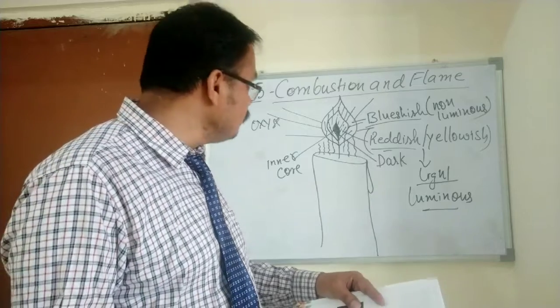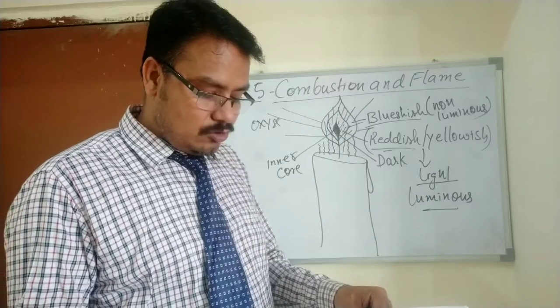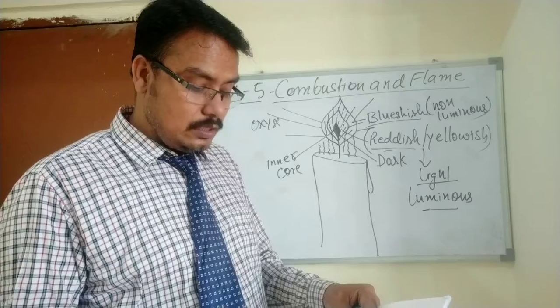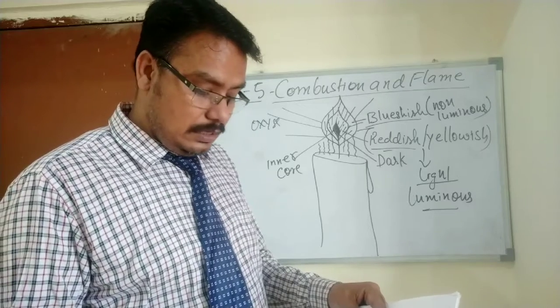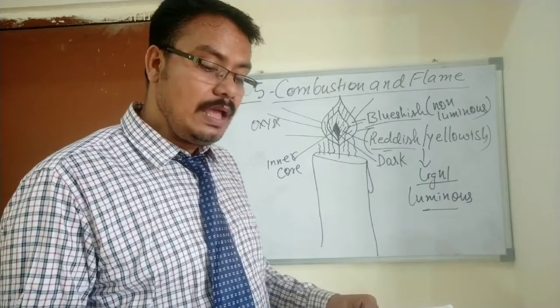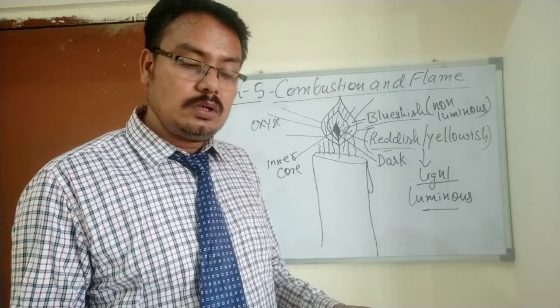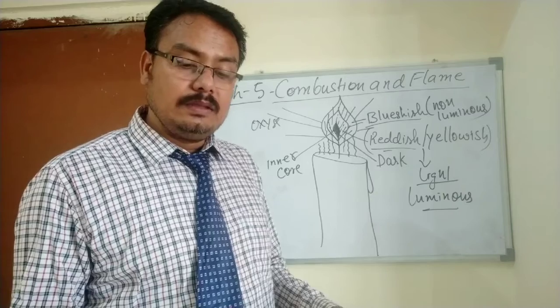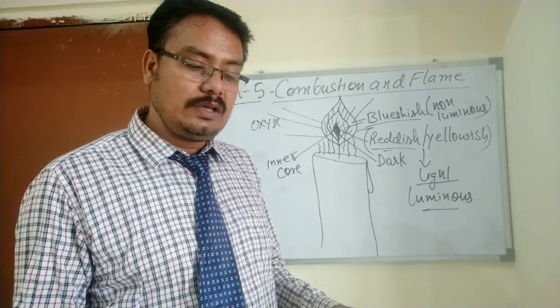But in the second layer, the central luminous zone, there is incomplete combustion, but it is luminous. And in the inner dark zone, near and around the wick, there is no combustion.